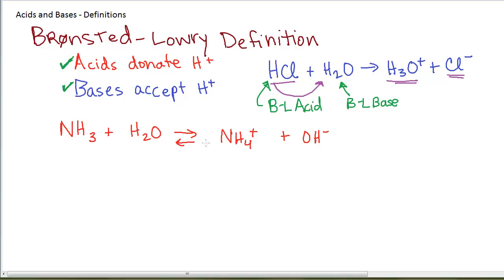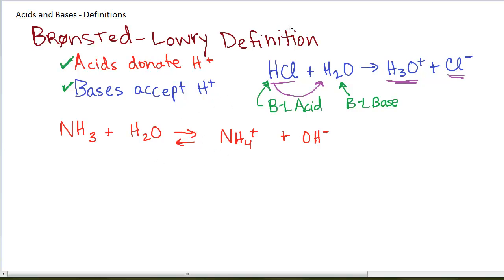This is an equilibrium reaction. We do not get 100% products here. Ammonia is a weak electrolyte, meaning that in an aqueous solution it only weakly conducts electricity, because although you do have ions, you only have a few ions. So ammonia is a weak base because it's a weak electrolyte. That's all Chem 1 stuff.